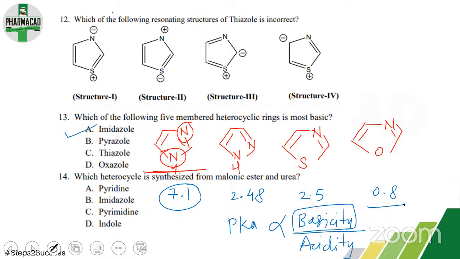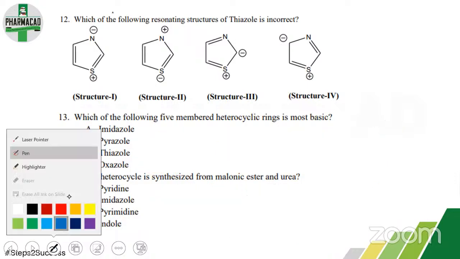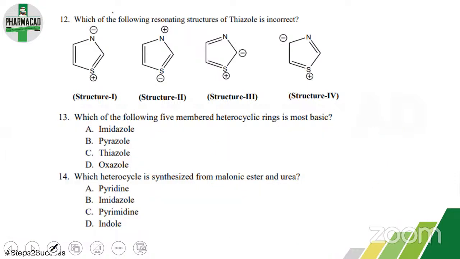The next question is, which heterocycle is synthesized from malonic ester and urea? So see, in case of malonic ester, we will see the structure of that malonic ester. Malonic ester is having 2 ester groups in the same molecule.